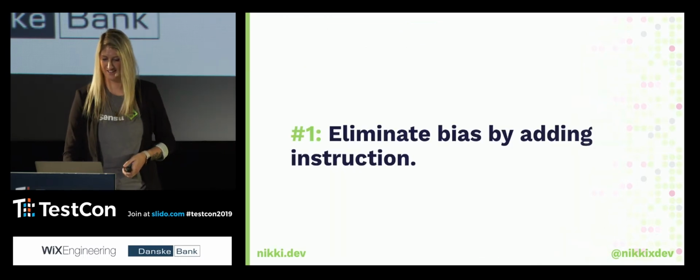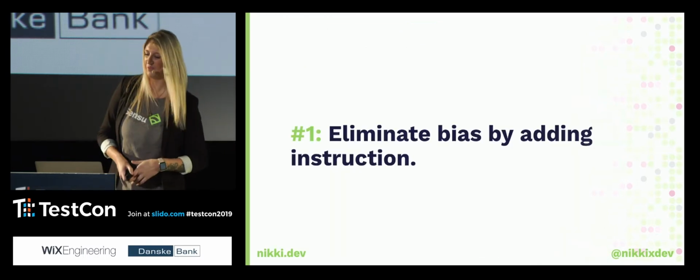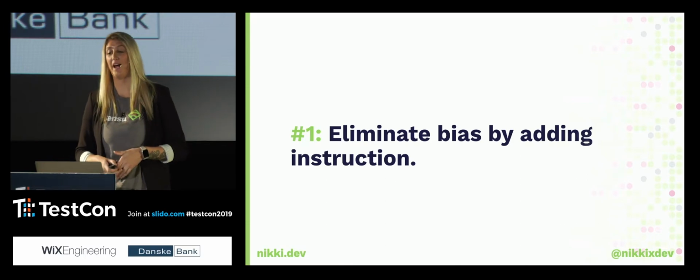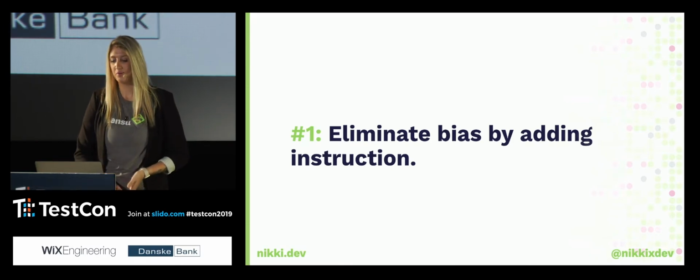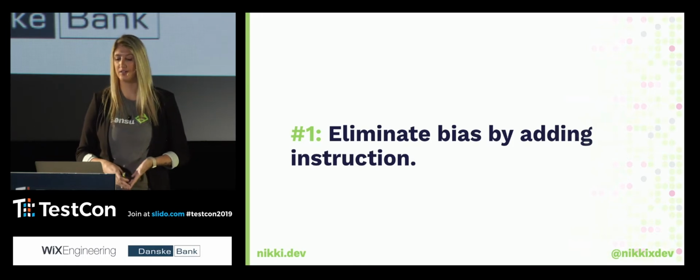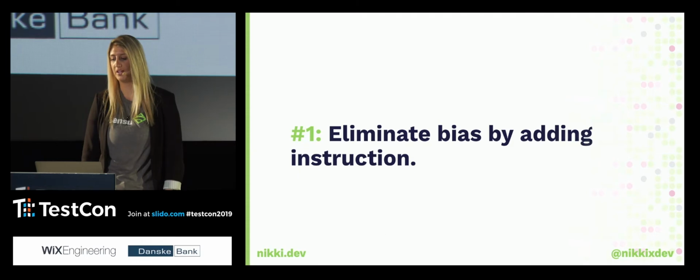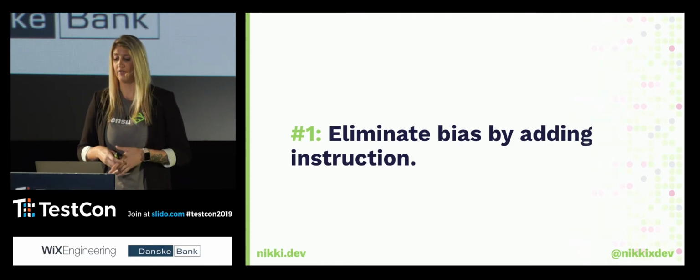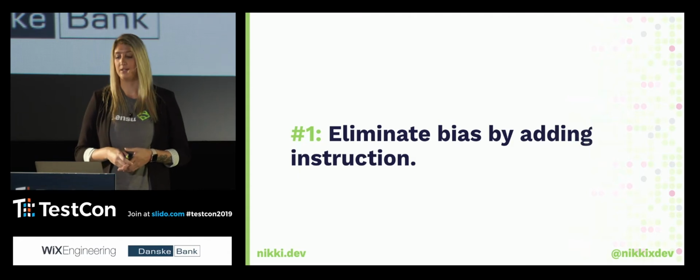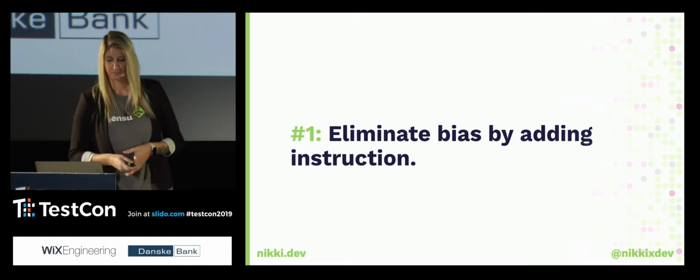Totally correct. So improvement number 1 was eliminating bias by adding instruction. Simple but necessary and actually totally overlooked in our initial iterations. Thankfully, as a team, we utilize retrospectives where we can discuss what is and what isn't working for us in a given process. If you're not already doing so, I highly recommend implementing this as a team practice.